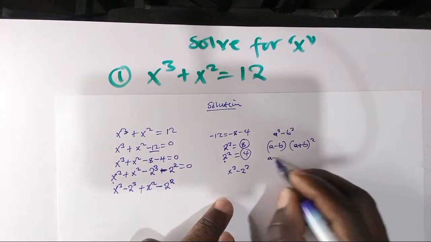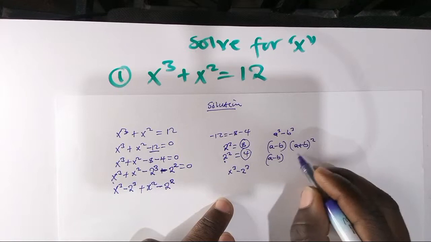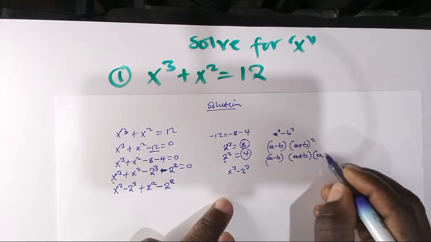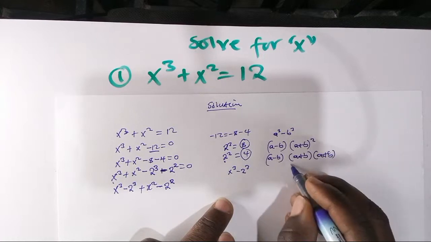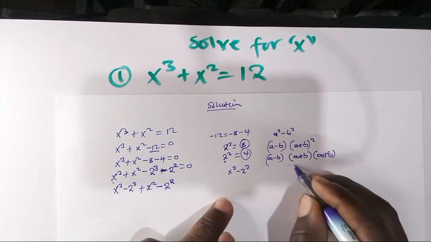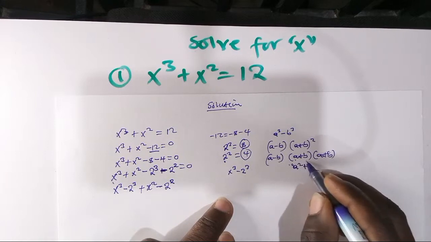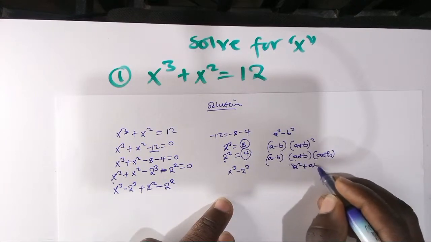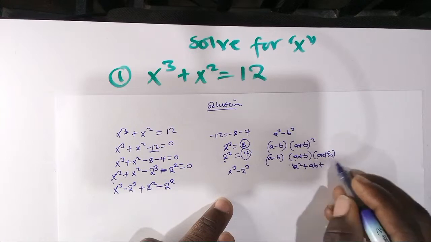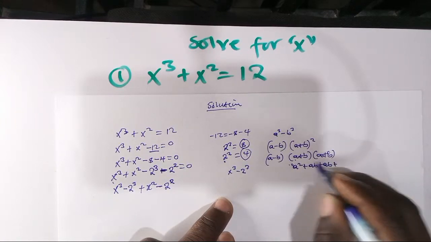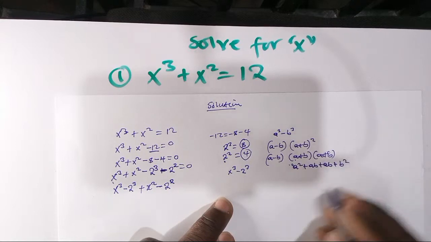So we have a minus b in the bracket. When you expand a plus b, a plus b, you are going to have a times a, which is a squared, plus a times b, which is ab, plus b times a, which is ab, plus b times b, which is b squared, right?